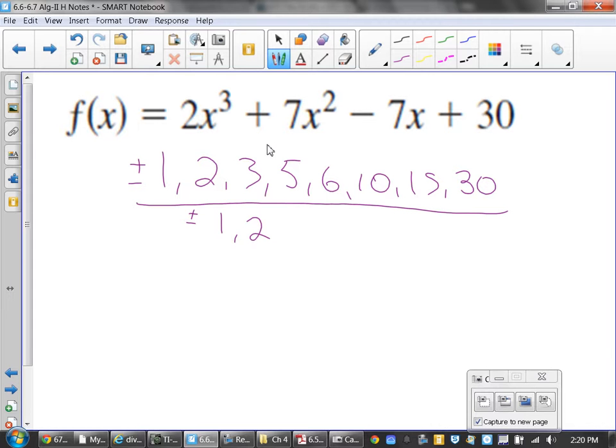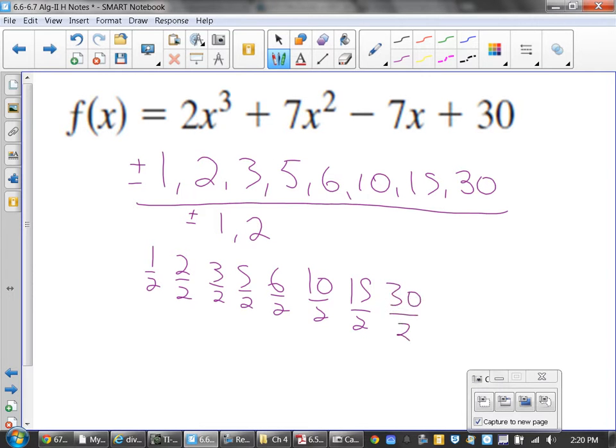Now, when I look at these, it really means that I also have a set of fractions of 1/2, 2 over 2, 3 over 2, 5 over 2, 6 over 2, 10 over 2, 15 over 2, and 30 over 2. That's what happens when you divide everything by 2. Do you agree? Are there duplicates then? Yes: 2 over 2, 6 over 2, 10 over 2.